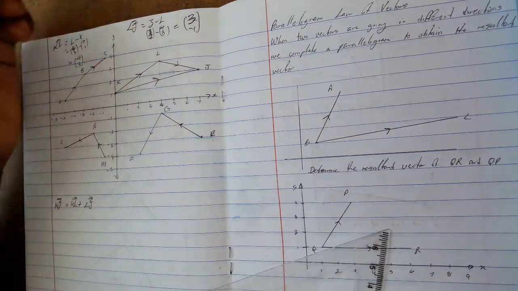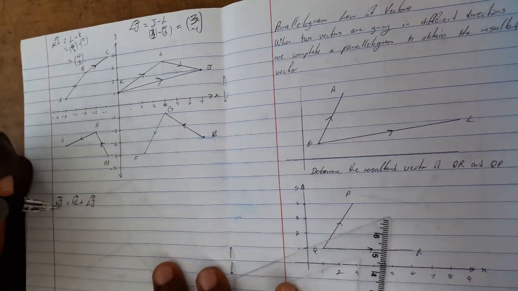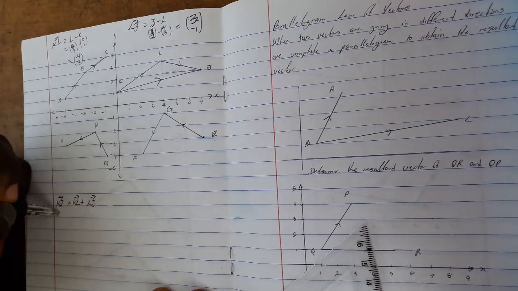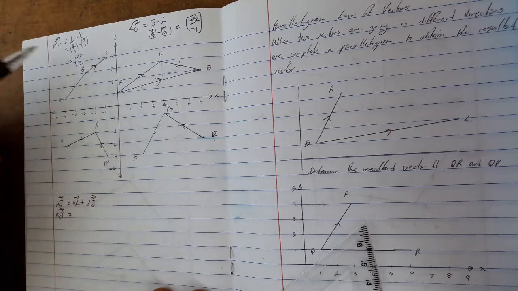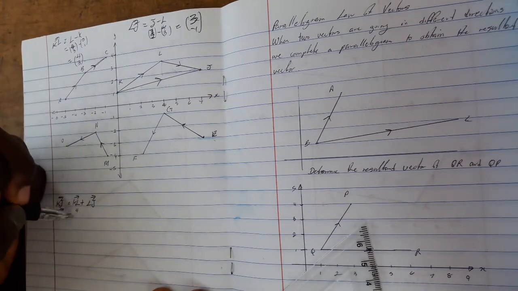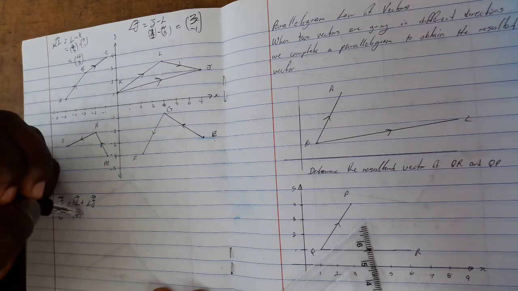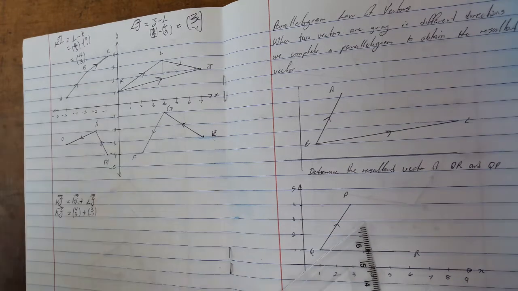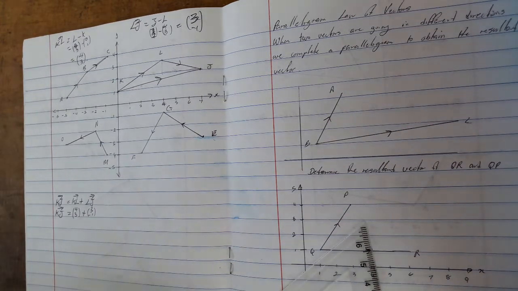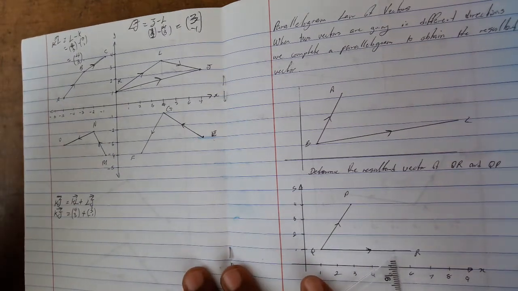So we have our two vectors. Coming back to the vector triangle law, KJ has to be equal to the sum of the other two vectors. So KL is 4 and 3 plus LJ is 3 and minus 1. I think something is wrong there.